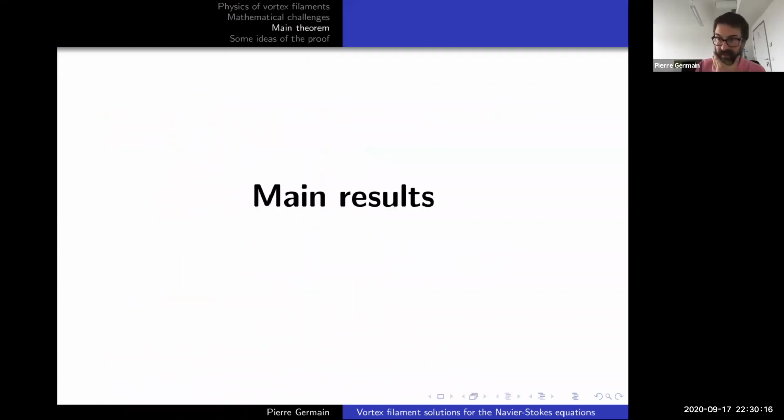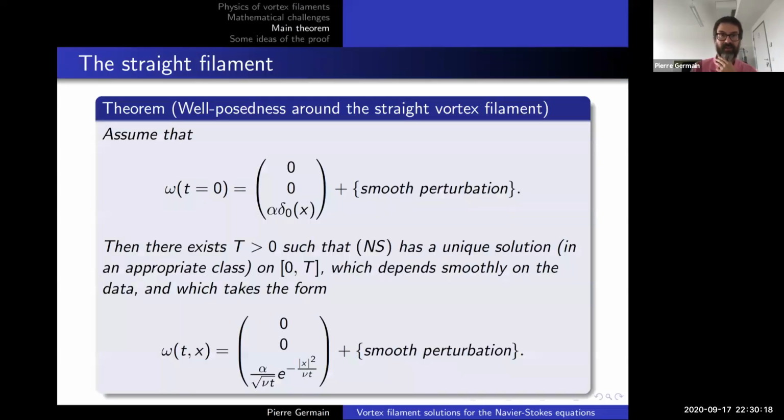Okay, so now let me state our main theorems. The first theorem is about the straight vortex filament. So both theorems are joint with Jacob Bedrossian and Benjamin Harrop-Griffiths. So the straight filament, remember the geometry is that you have symmetry in the vertical direction.